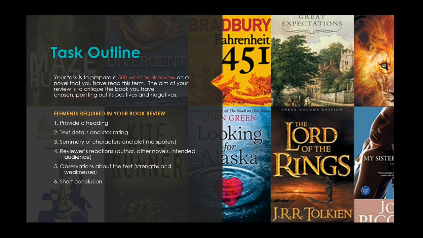To critique means that you will need to point out both the positives and the negatives before deciding on your recommendation. The elements that you must include in your book review: ensure that you have an attention-grabbing heading. Have the text details, so a summary of the characters and plot, and include a star rating.